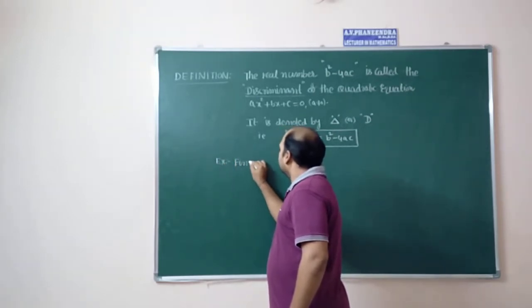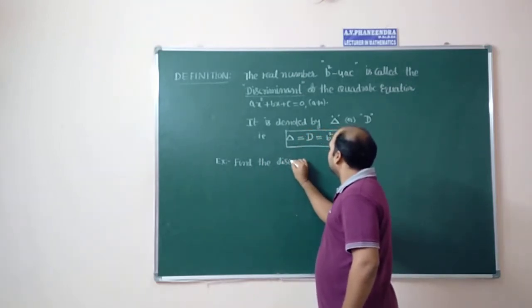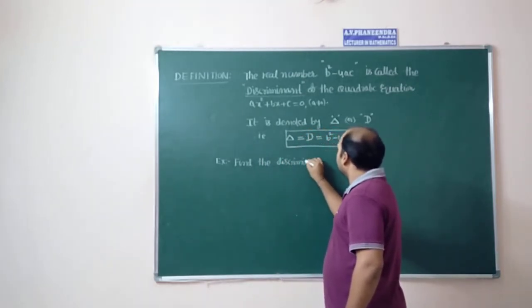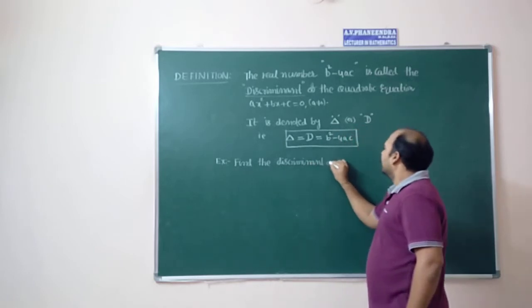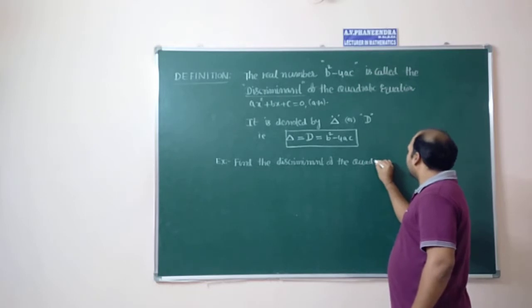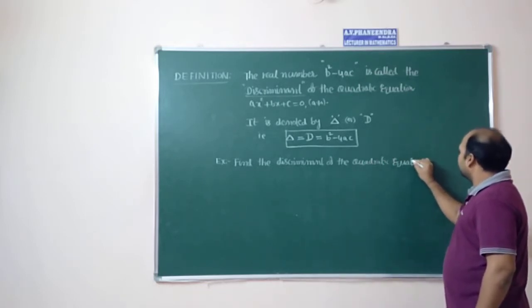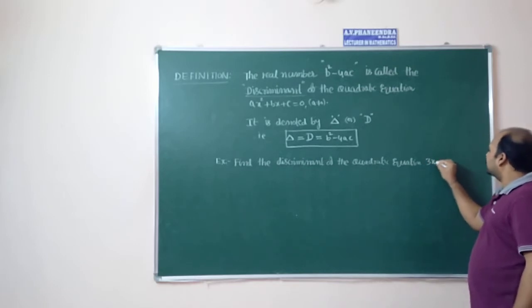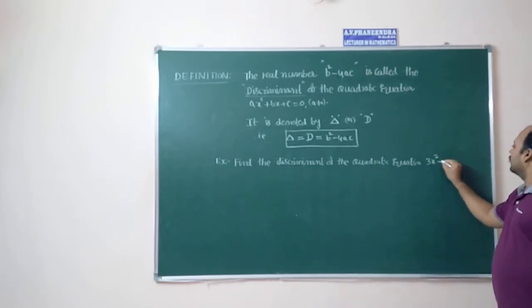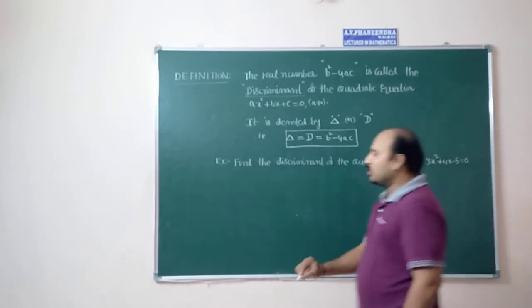Find the discriminant of the quadratic equation 3x square plus 4x minus 5 equal to 0. First, what do we have to do?